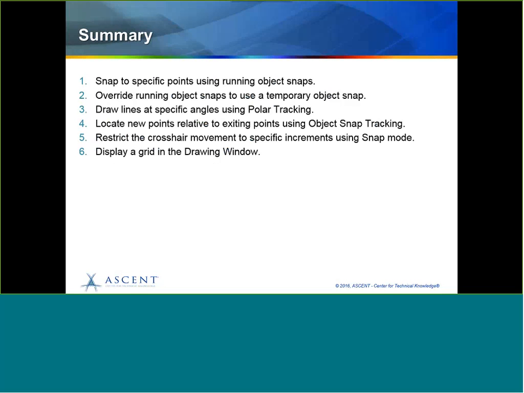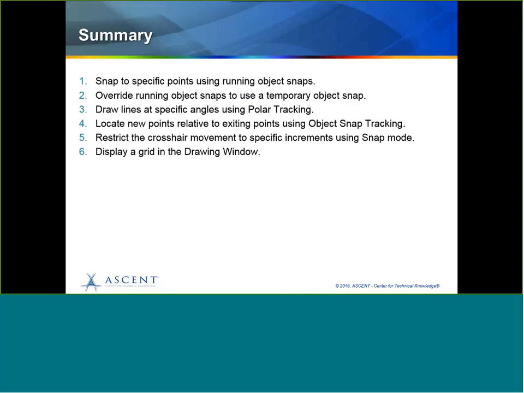To summarize, in today's demonstration, I taught you how to snap to specific points using running object snap. We were also able to learn about overriding running object snaps to use a temporary object snap. We also drew lines at specific angles using polar tracking.